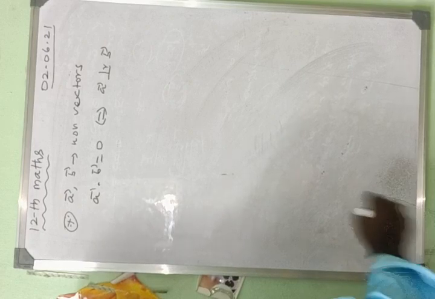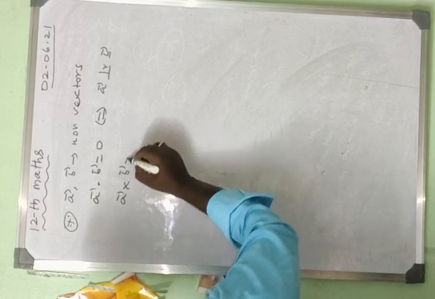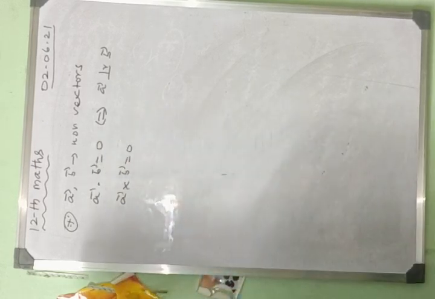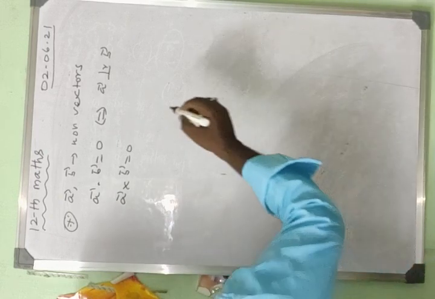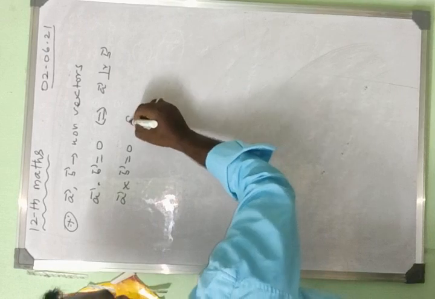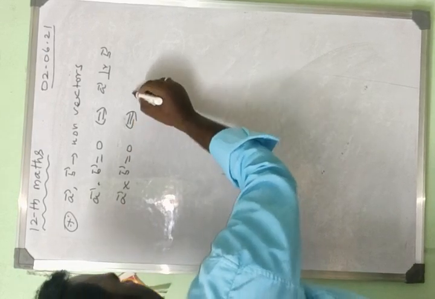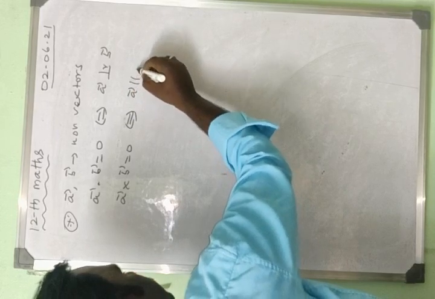Then next, the cross product: vector A cross vector B equal to 0. Compare both results. Vector A cross vector B equal to 0 means definitely vector A and B are parallel, if and only if. Both results are very important.